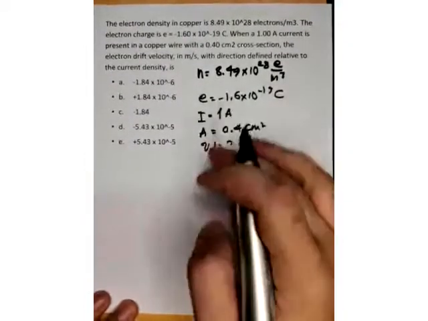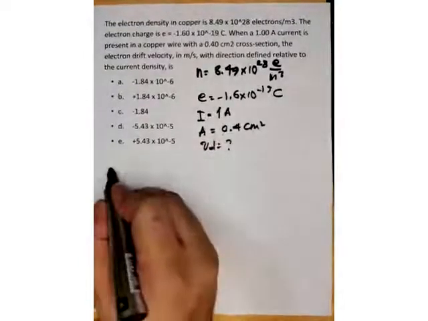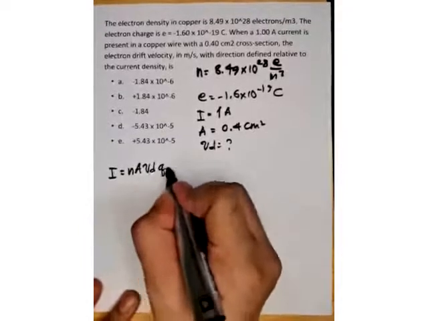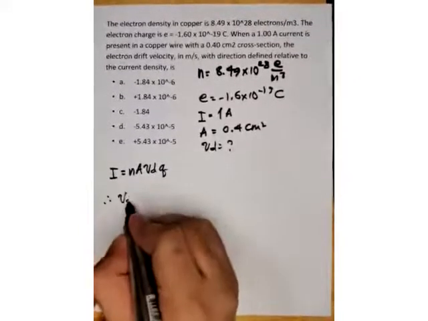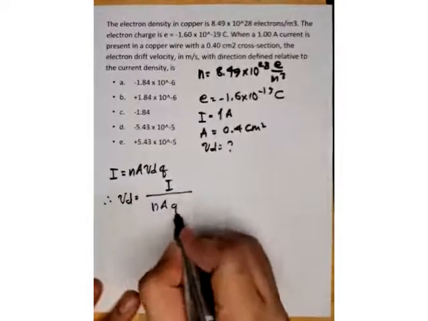Ayan. So, given tayo ng drift in relation to current, di ba ang current natin ay equal siya sa nAvdq. So therefore, ang vd natin ay equal siya sa I over nAq. Yeah.